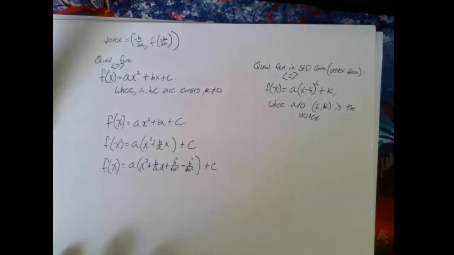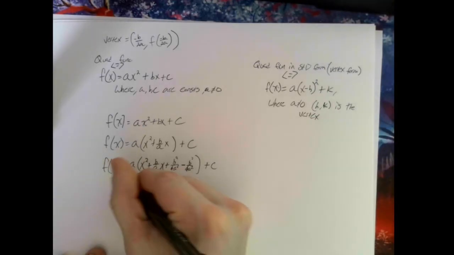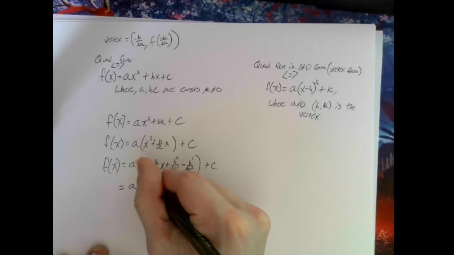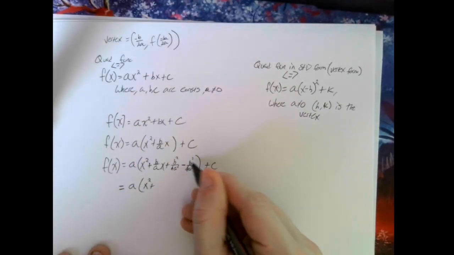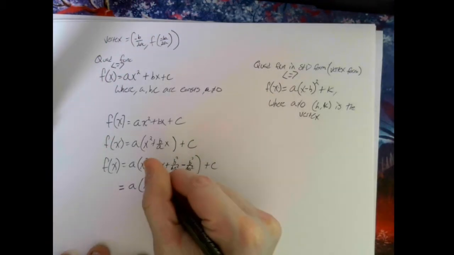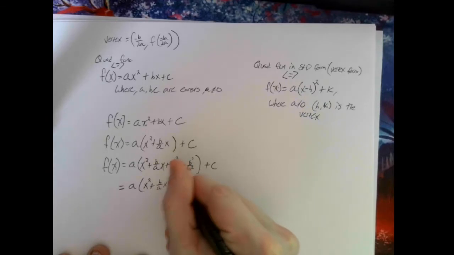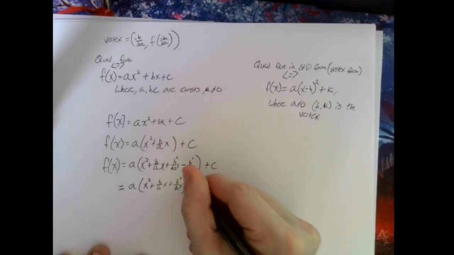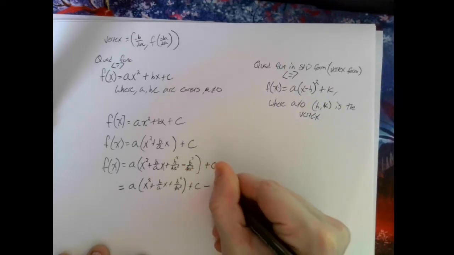So now, in order to continue completing the square, we're going to take the negative b squared over 4a squared out of the parentheses. So we have a times (x squared plus b over a x plus b squared over 4a squared), plus c minus b squared over 4a squared.